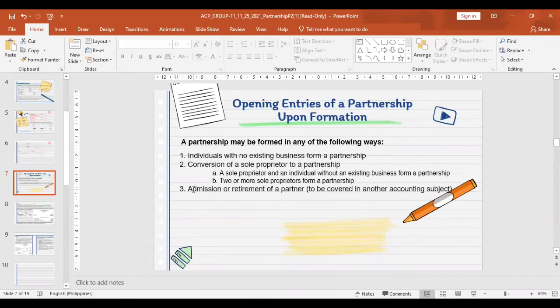So pwede din to. For example, may kapartner ka na, and then sabi nung kapartner mo, ililipat na niya yung share niya dun sa anak niya. So ganito.